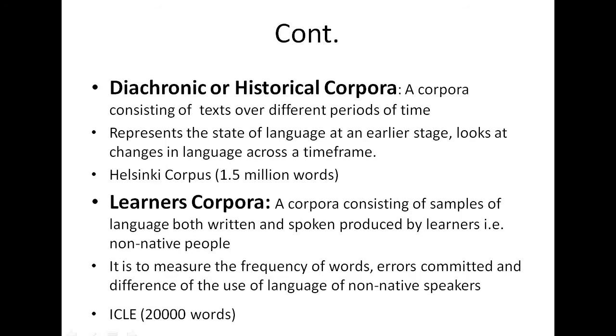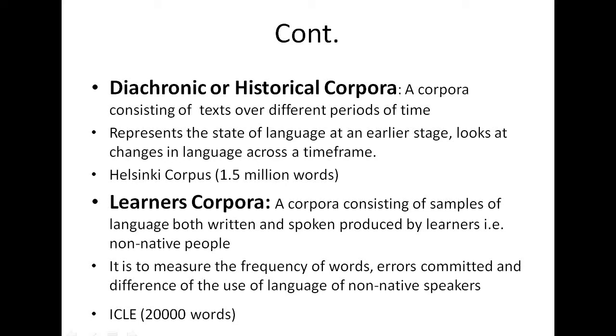Then the next type of corpora is diachronic or historical corpora. This corpora will consist of texts over different periods of time. For example, we can take the texts of English fiction writers of the Victorian age.